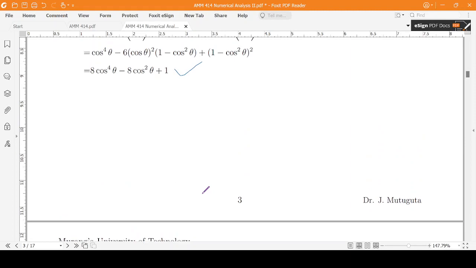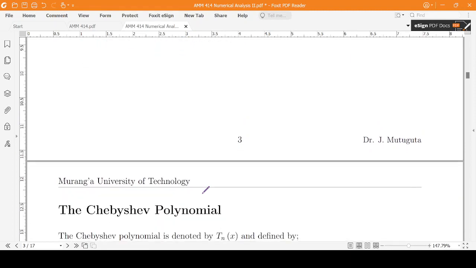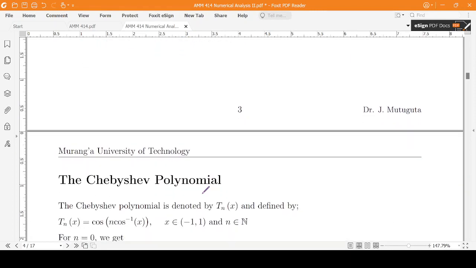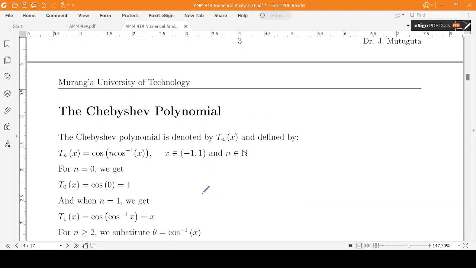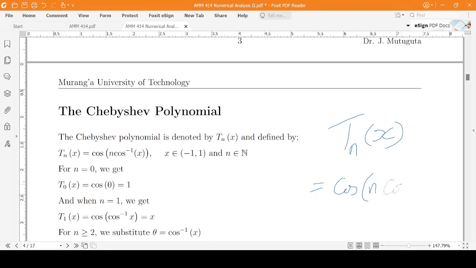And today, we want to look at the definition of a Chebyshev polynomial. Basically, the Chebyshev polynomial, which is denoted by Tn of x, T subscript n, a function of x, we define as being equal to cosine of n times cos inverse of x.